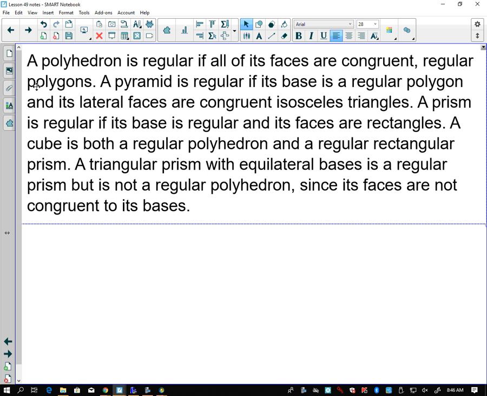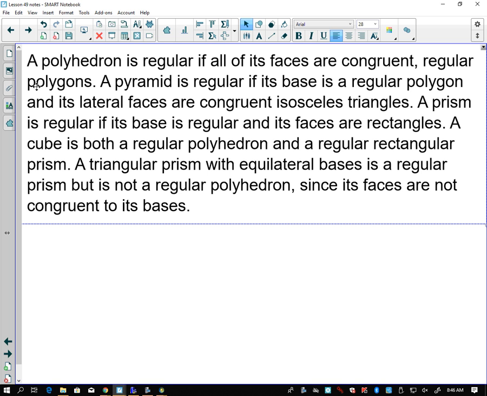A polyhedron is regular if all of its faces are congruent. So we could have a regular hexagonal prism. A pyramid is regular if its base is a regular polygon. So we could have a rectangular pyramid, or a square pyramid. A square pyramid would be a regular pyramid.